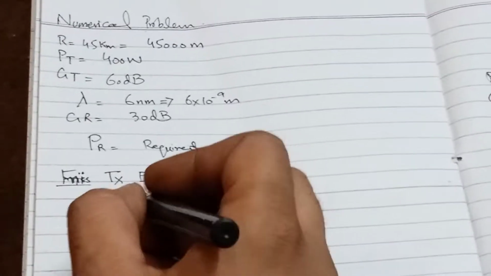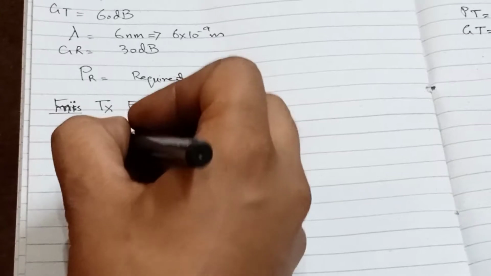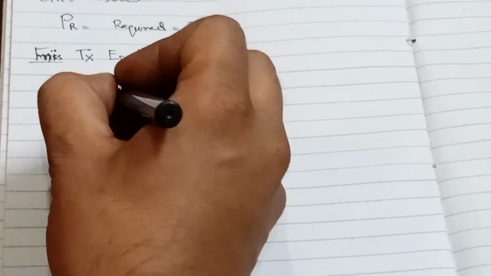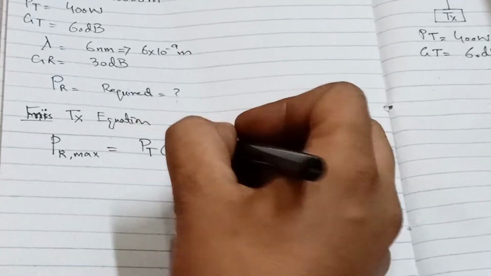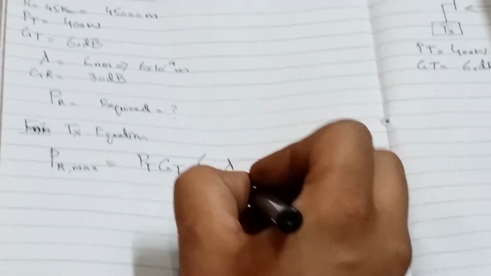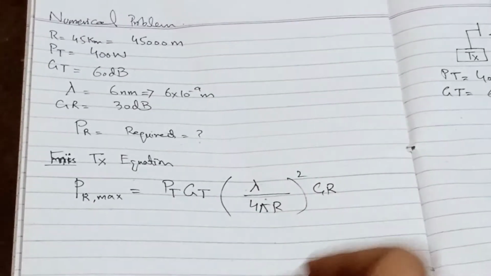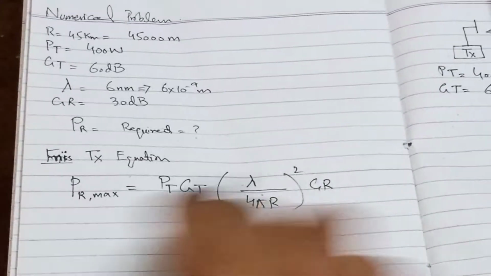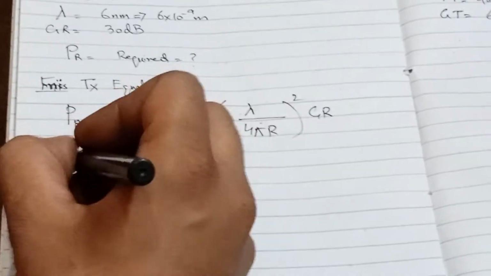Now let's start on this scenario. We will put the values in the equation. First of all, we write the equation here. PR, received power max, is equal to PT GT into lambda divided by 4 pi r whole square into GR, right? So this is the Friis transmission equation. Now we are substituting the values here.